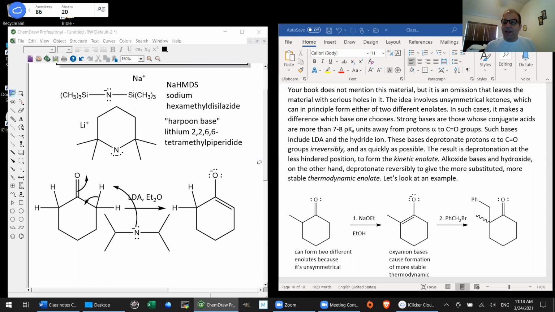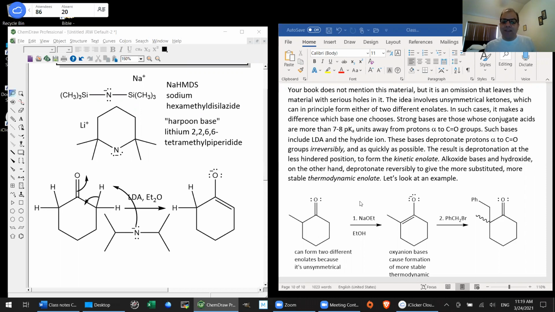We're talking here about bases that are so strong that once they pull off the proton from the alpha position, it's irreversible. And so LDA is certainly a base like that. Sodium or potassium hydride would be that type of base. Why? Because the hydride pulls the proton off, and then you get hydrogen gas, which bubbles out of the solution and is gone. So that would fall into that category too.